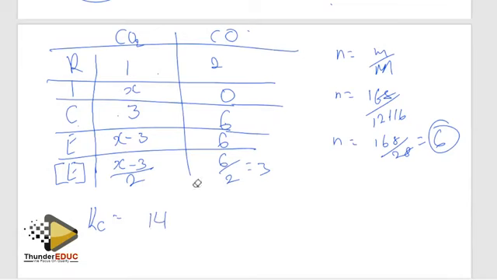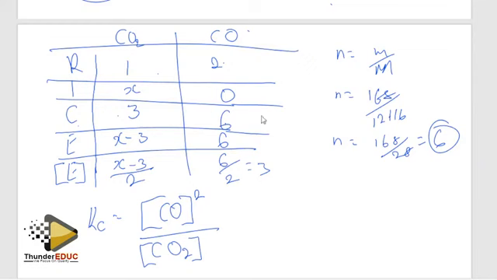Let me first use the expression and then I substitute. So Kc is equal to the product, which is carbon monoxide to the exponent of the number of moles, which is 2, divided by carbon dioxide to the exponent of the number of moles, which is 1.